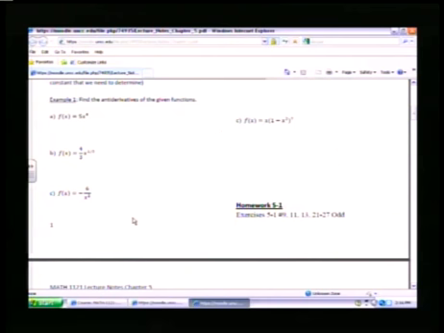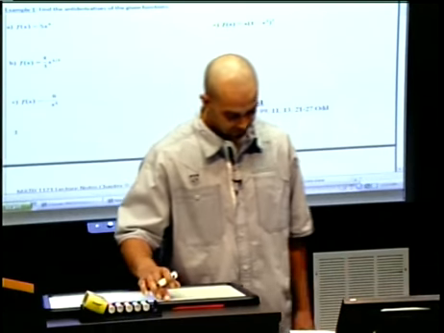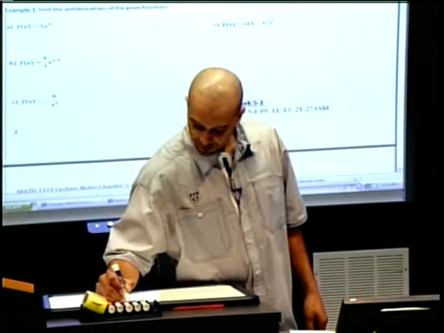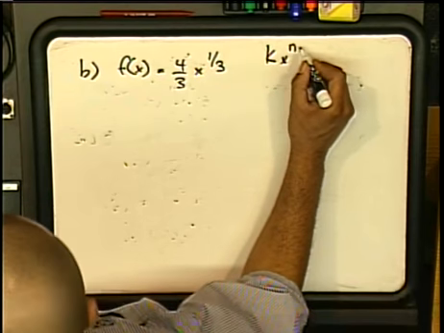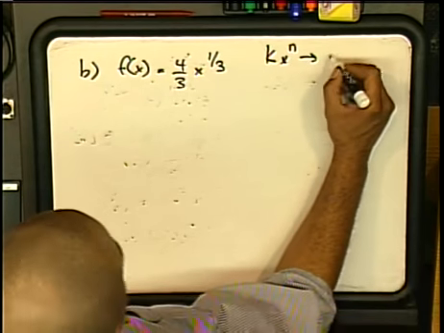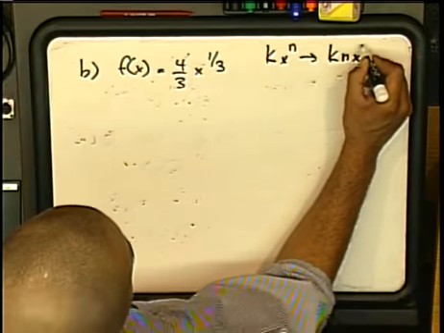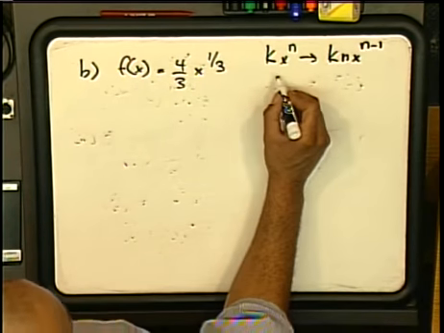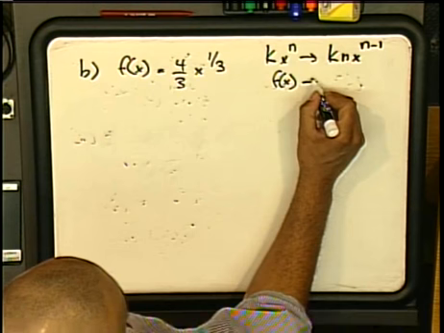Number B is f'(x) equals 4/3 x to the 1/3. I should have left all that stuff. k times u to the n, the derivative is k n u to the n minus 1 times u prime. This is the derivative.